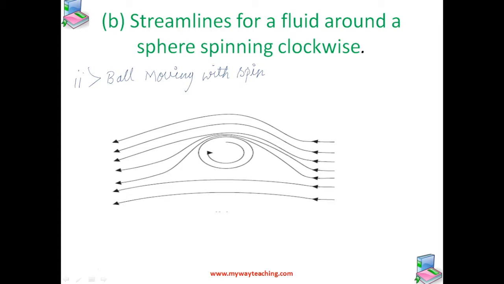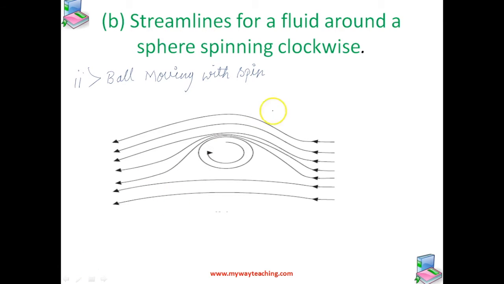If the surface is rough, more air will be dragged. This figure shows the streamlines of air for a ball which is moving and spinning at the same time. The ball is moving forward and, relative to it, the air is moving backwards. Therefore, the velocity of air above the ball relative to it is larger and below it is smaller.